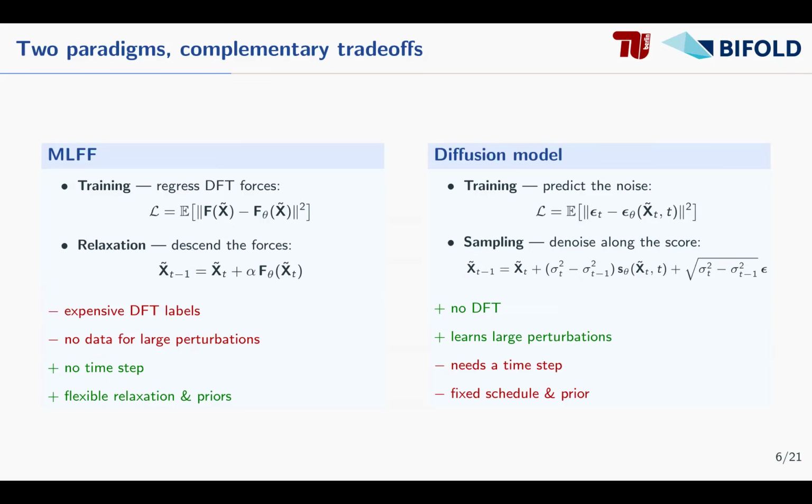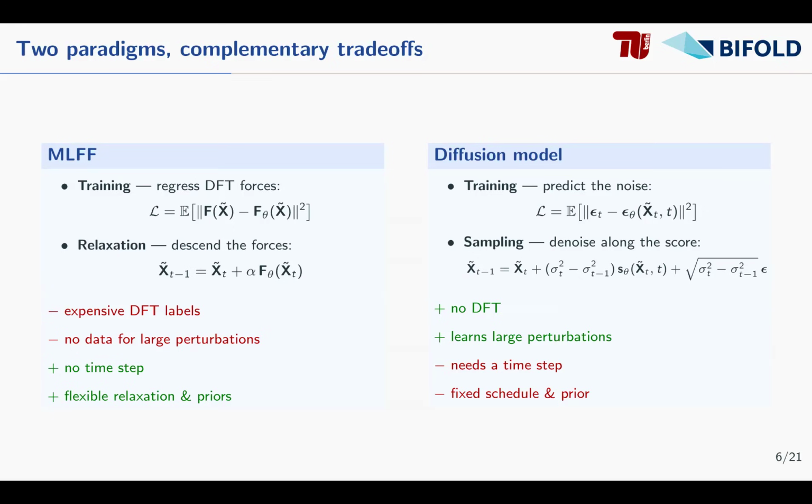So if somebody comes to you and says, okay, here I have a molecular structure, and I think it's not yet stable, you don't know the amount of noise that is in this system. So you could not relax it with a diffusion model. You always need to start from the prior distribution where you know the noise level, and then you have to adhere to a fixed schedule and prior, and you need to put this time step into the model to do the sampling.